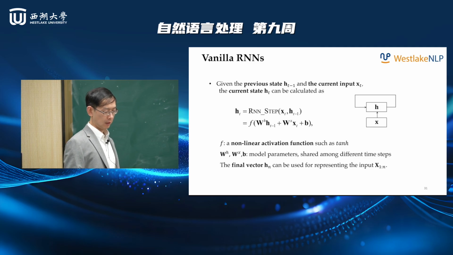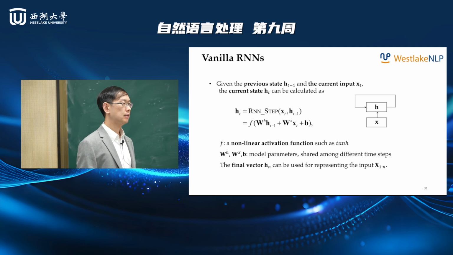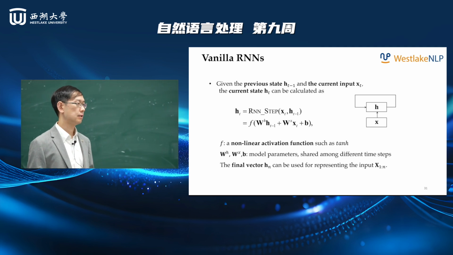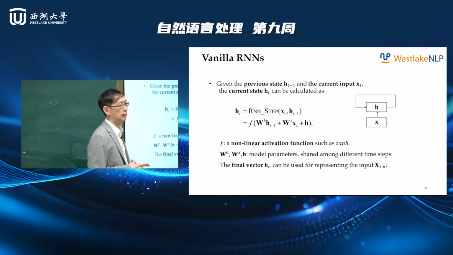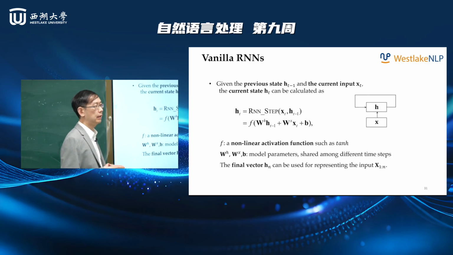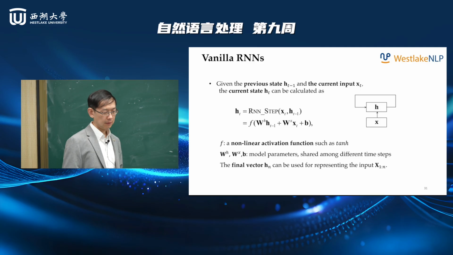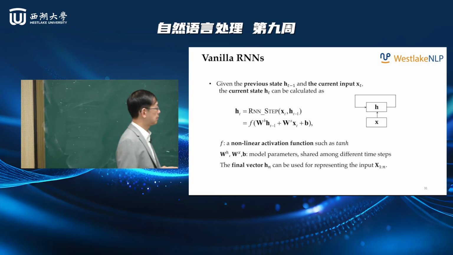So last week, we discussed several nonlinear activation functions beyond softmax and the sigmoid. For example, ReLU and tanh, right? So here, maybe we use tanh, for example. So every step will be a tanh of this Wx plus b.